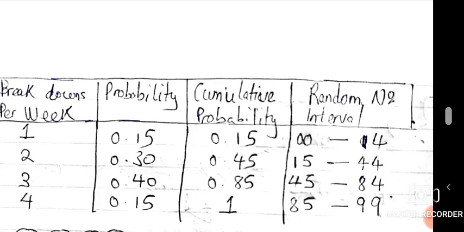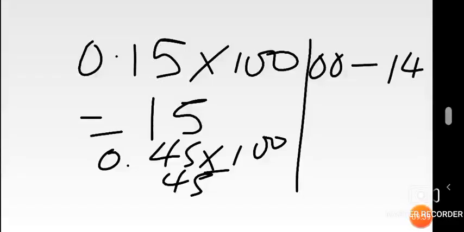Let me quickly show you what I'm trying to explain. The cumulative probability is what we focus on when finding the random number interval. Those are decimals, and when making the random number interval you will not be using decimals, you'll be using whole numbers. So you change them, like what you're seeing on the screen.